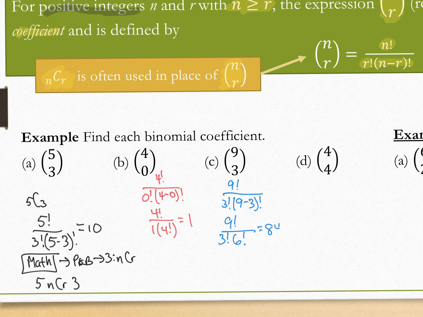It is 84, but remember you can push 9, then find that nCr button, and then push 3. And then 4 choose 4, or 4 above 4: 4 factorial over 4 factorial times 4 minus 4 factorial. Remember 0 factorial is 1, so this answer is 1.